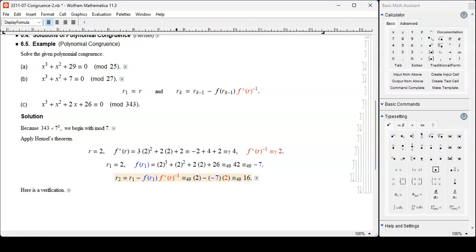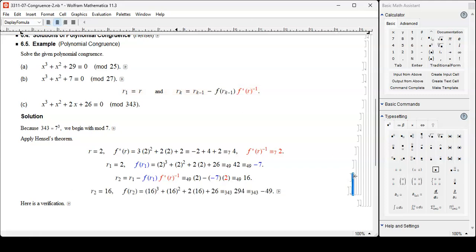Now we need r3. For r3, we need r2 minus f of r2. Let's do f of r2. Let's just plug in 16 and run the calculation: 16 to the 3rd power plus 16 squared plus 2 times 16 plus 26 modulo 343. I have a confession, I didn't do this computation by paper and pencil.